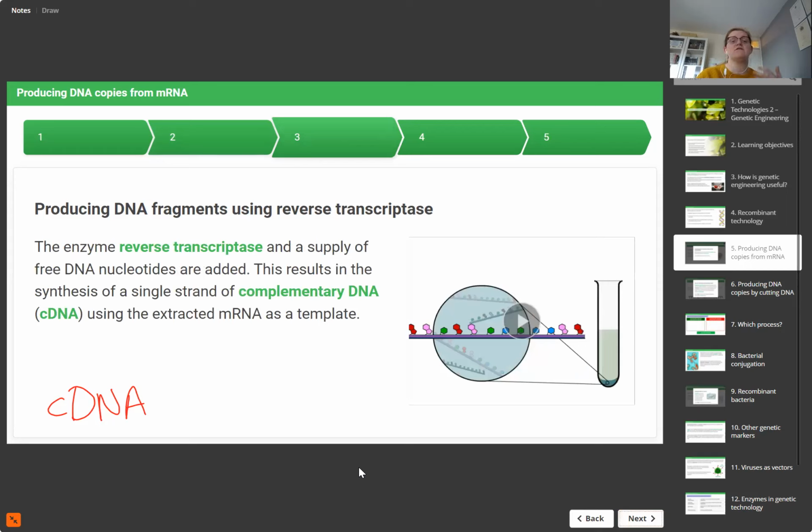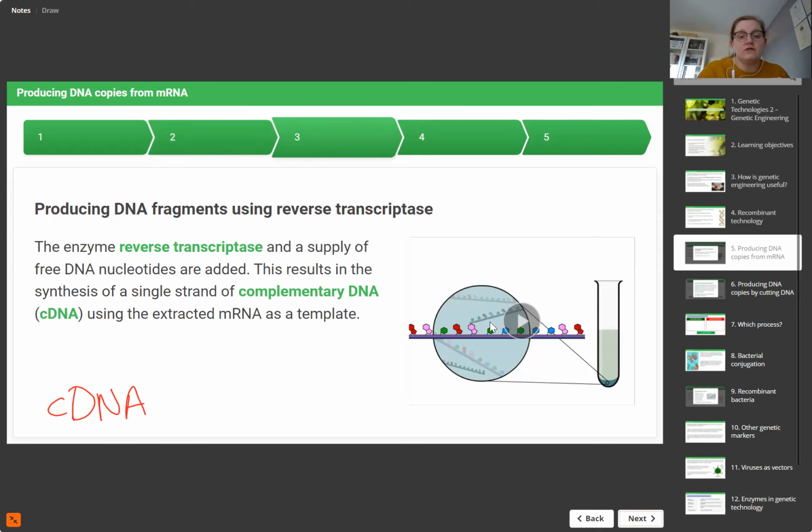Then this is actually the making of those DNA fragments, those cDNA fragments using reverse transcriptase. So then what we go along and do is the enzyme reverse transcriptase and a supply of free DNA nucleotides are added to this test tube. So this test tube where we basically got all the mRNA in it and we've broken apart this cell, we're going to add reverse transcriptase and some free DNA nucleotides to it.